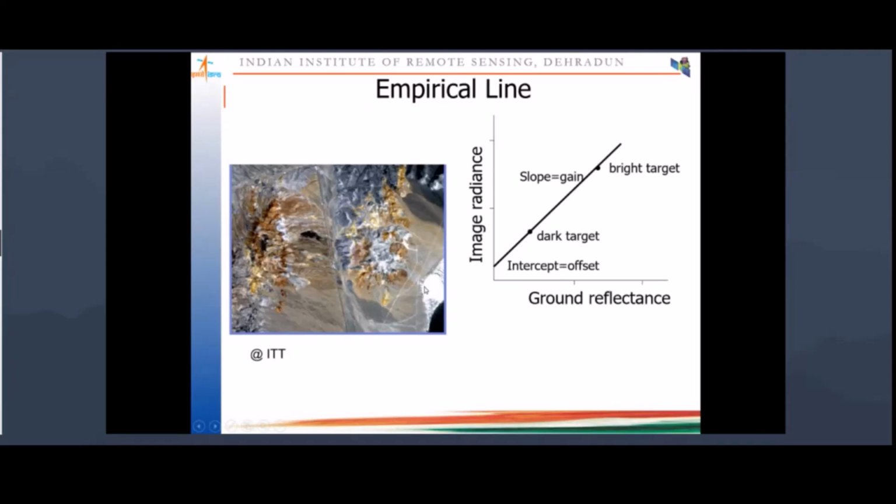Now what you need to do is, at the time of image acquisition, if you have sufficient resources, and by resources I mean you have access to this area, you know that the satellite is going to pass at, let's say, 10:30 a.m. today, and you carry your instruments. In your instruments, I mean a spectroradiometer. Now what this spectroradiometer does is, it can capture the spectral reflectance of the target.